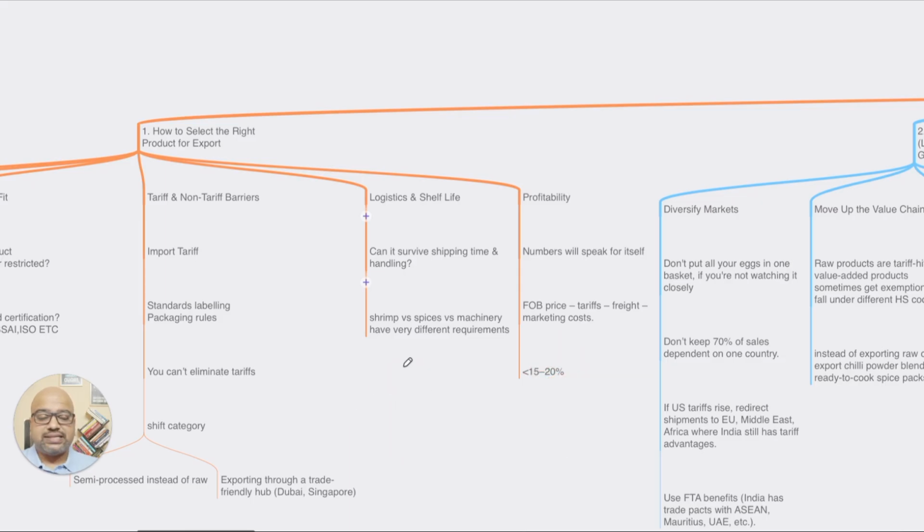If demand drops and supply is more, the prices are going to fall. That's basic economics. So if that situation comes in, your numbers should speak for themselves. If this is not happening, then never get into that business.